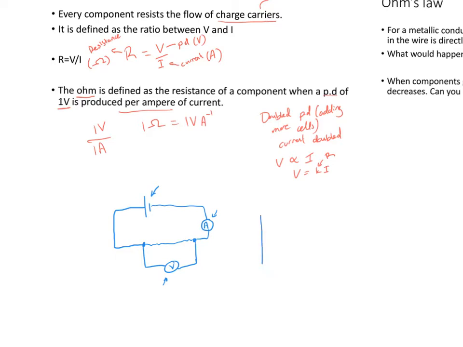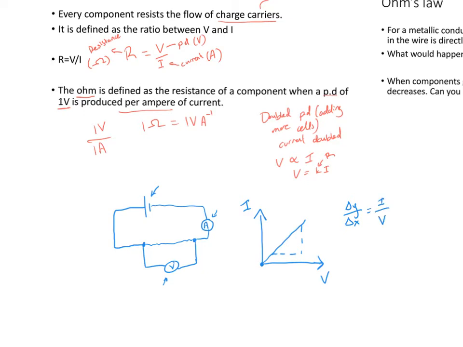So you could plot current against voltage. If you have zero current, obviously you have zero voltage, and that will lead to a straight line going through the origin. The gradient of this line, the change in y over the change in x, will be current over voltage.